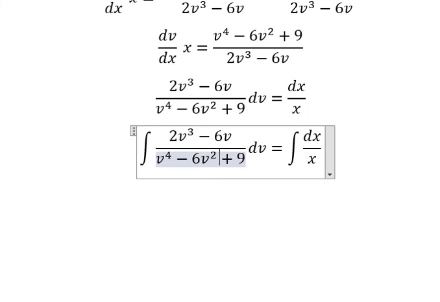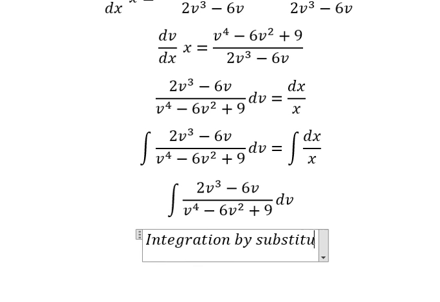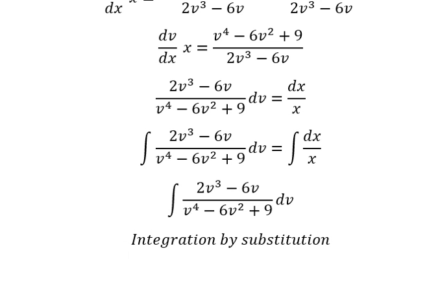So we need to concentrate on this one. So we can use integration by substitution. So I will put u equals this one.